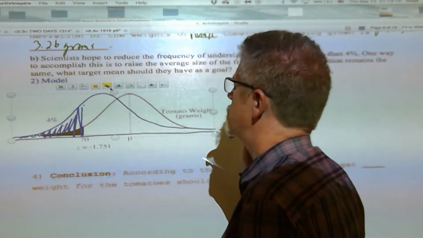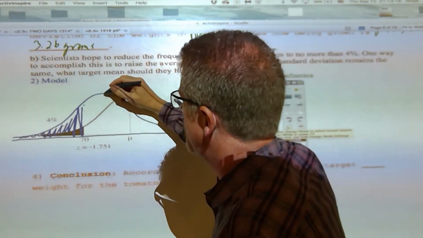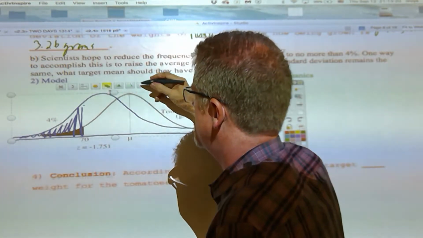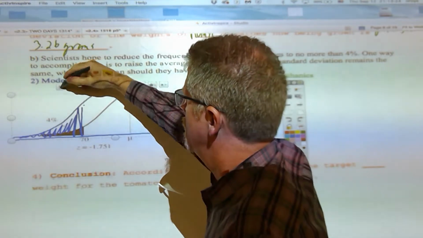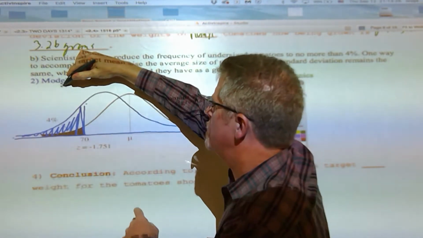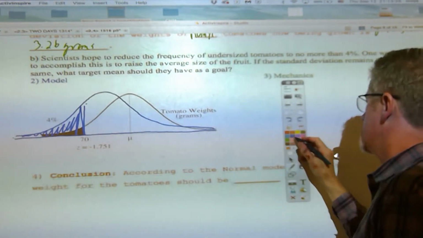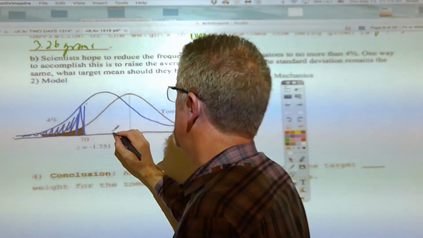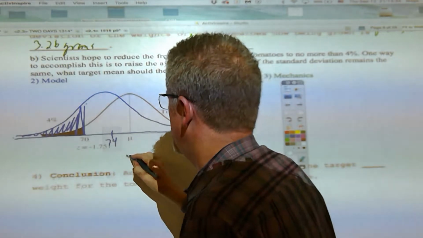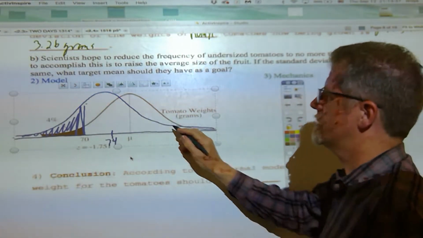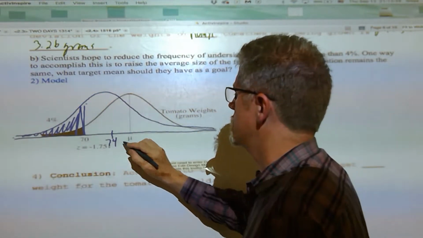So the strategy here is we want to make these things bigger, maybe through genetic engineering or something scary. The blue mean used to be 74, and we were throwing away 11% because they were too small.